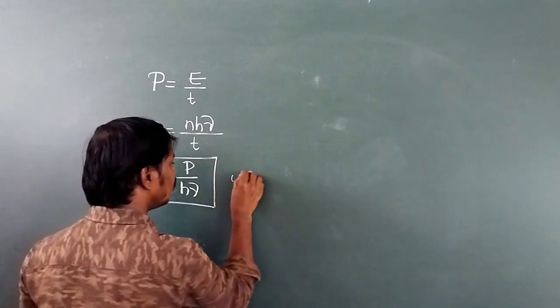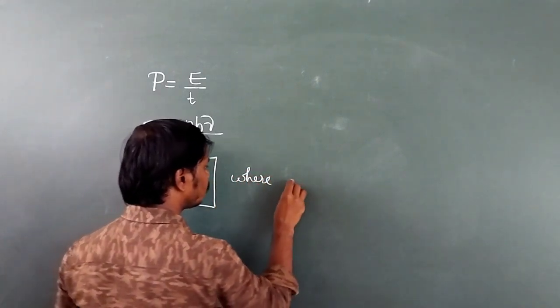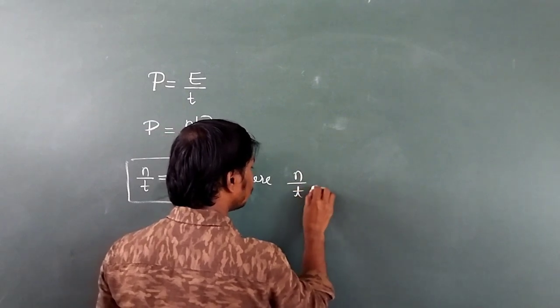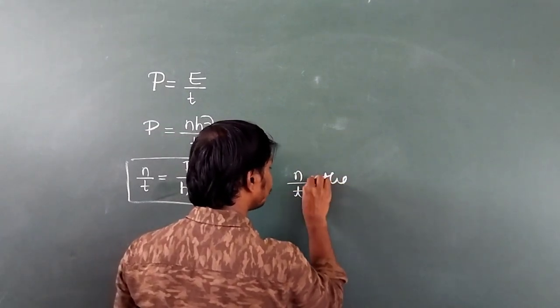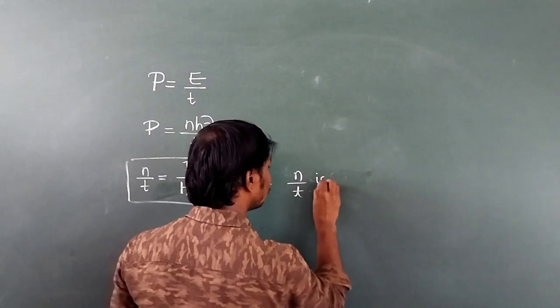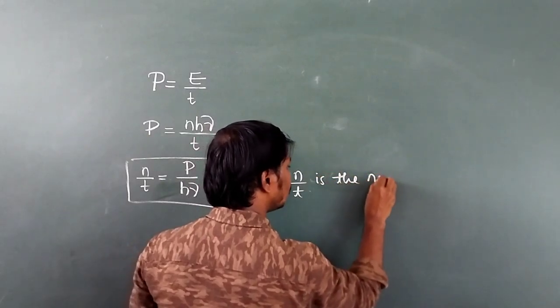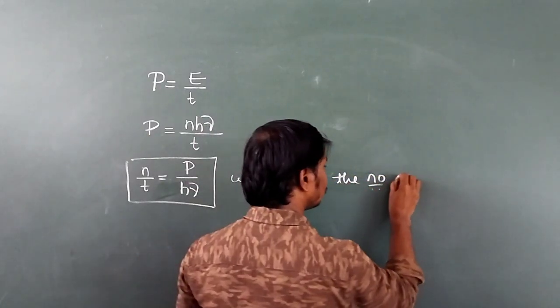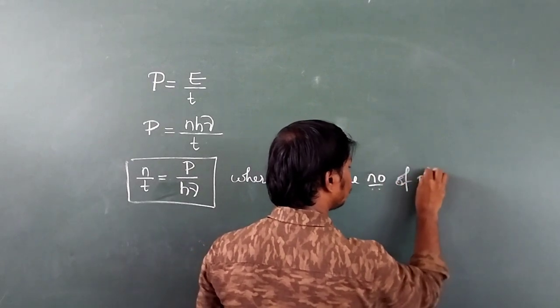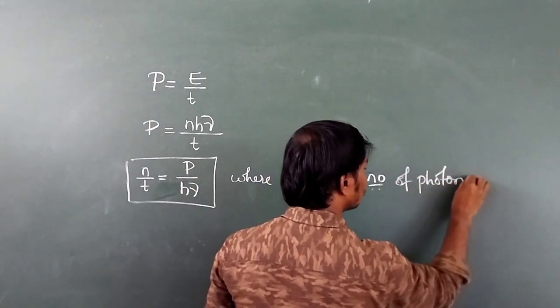Where n by t is the number of photons delivered per second.